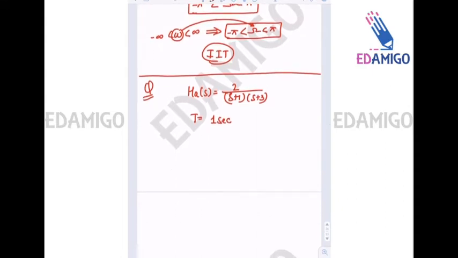Okay, so we have to find the transformation. So using IIT, H(s) is equal to 2 upon (s plus 1)(s plus 3). This can be written as 1 upon s plus 1 minus 1 upon s plus 3.